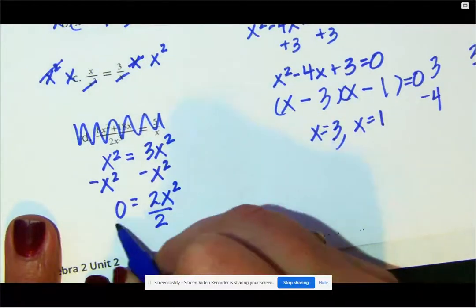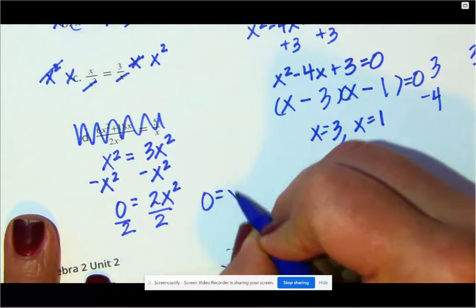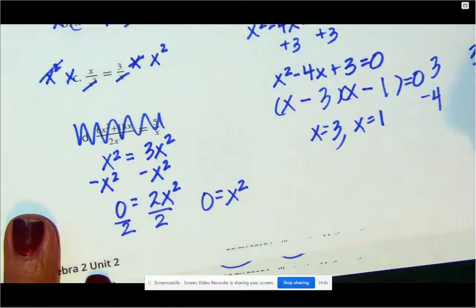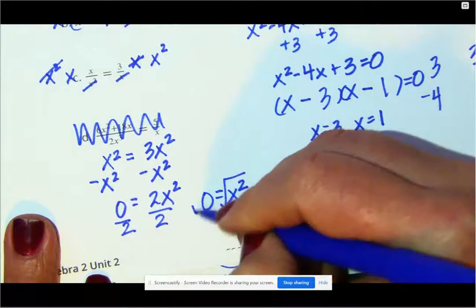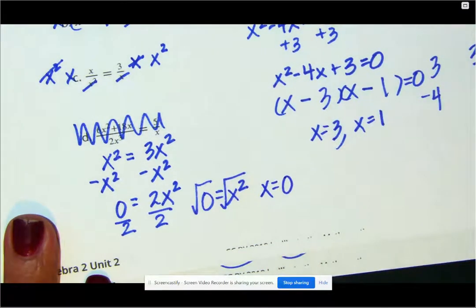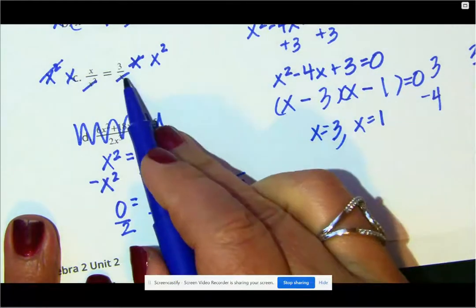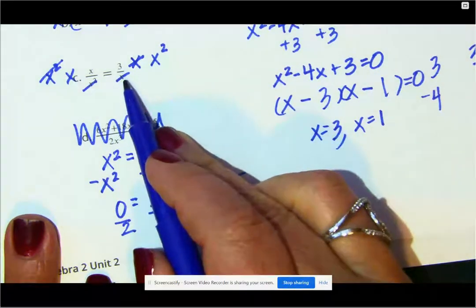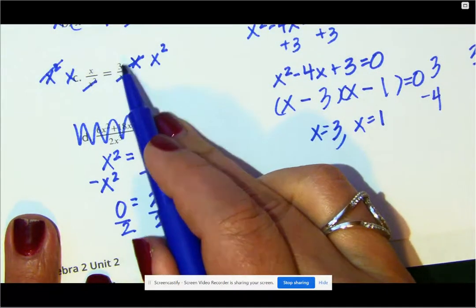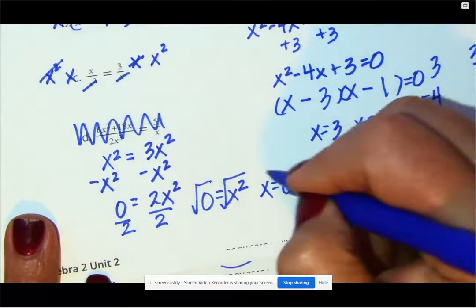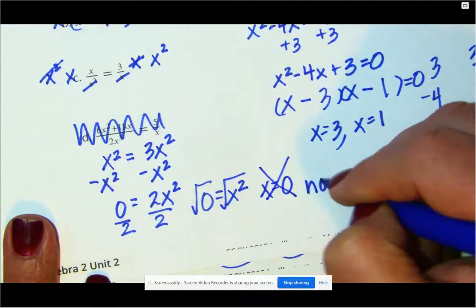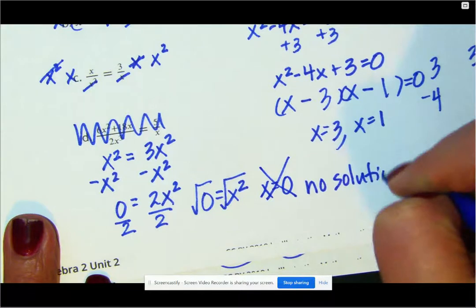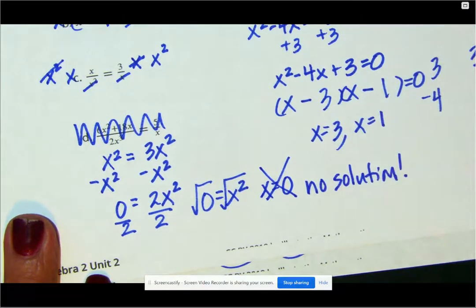Divide both sides by 2. 0 equals x squared. The answer is 0. But then I look up here: there was an x in the denominator. X cannot be 0 because that would cause an undefined value. So this problem ends up having no solution.